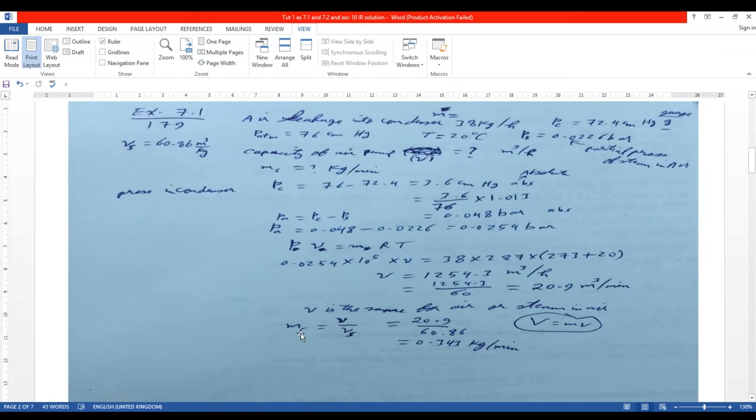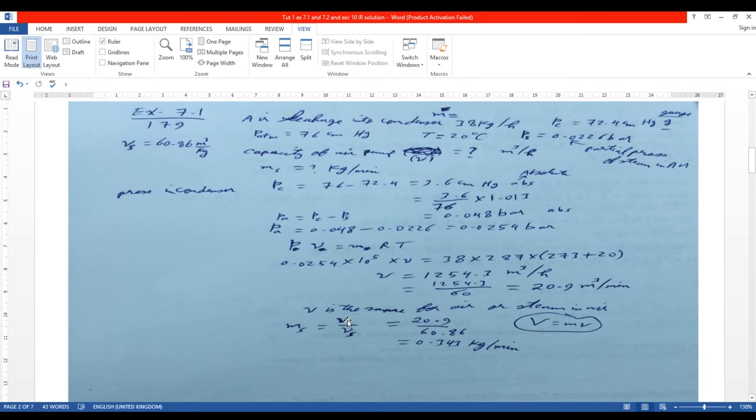We can get it from thermodynamics, where you have seen that the capital V dot A is equal to the mass flow rate of steam, M dot S, multiplied by the specific volume of steam, vs. So mass times specific volume will give us the total volume.